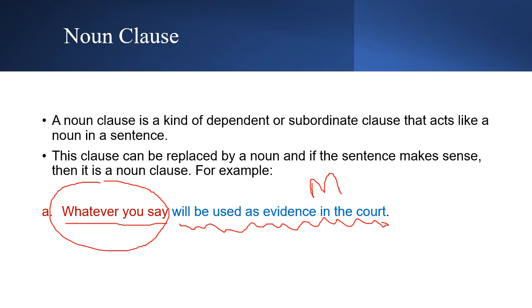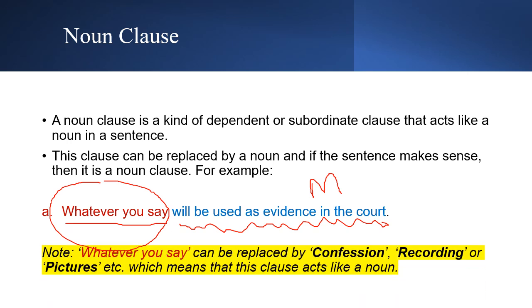For example, whatever you say can be replaced by confession, recording, or pictures. Recording will be used as evidence in the court. Your confession will be used as evidence in the court. And pictures will be used as evidence in the court. You could see that this whole thing can be replaced with one word, and that one word is a noun.